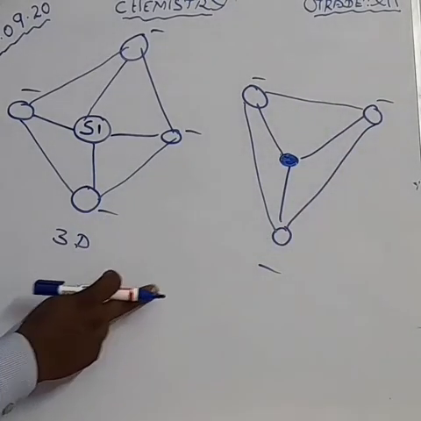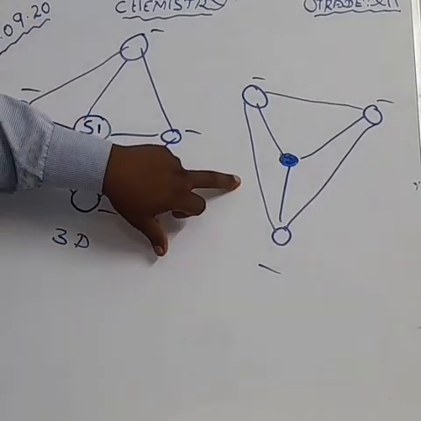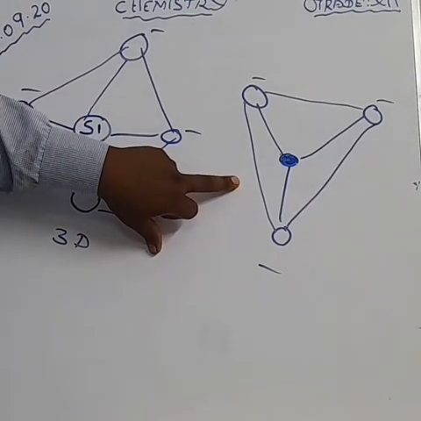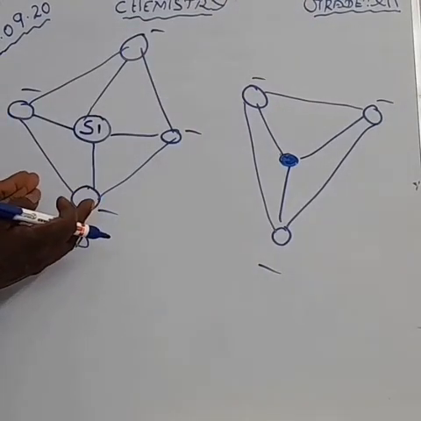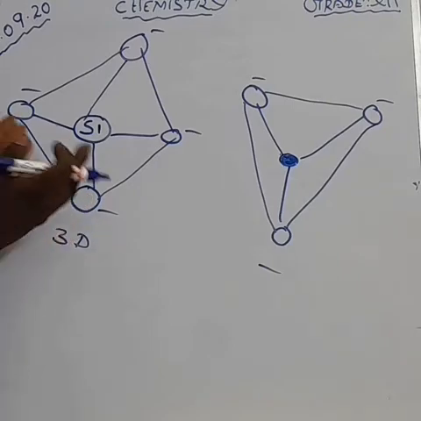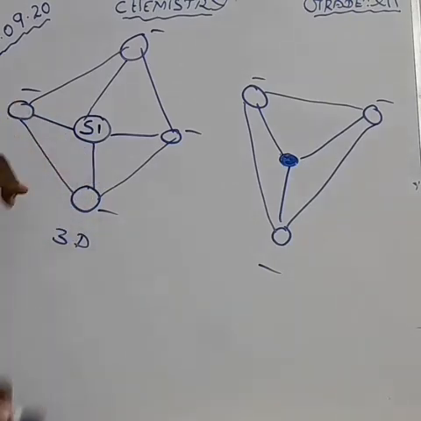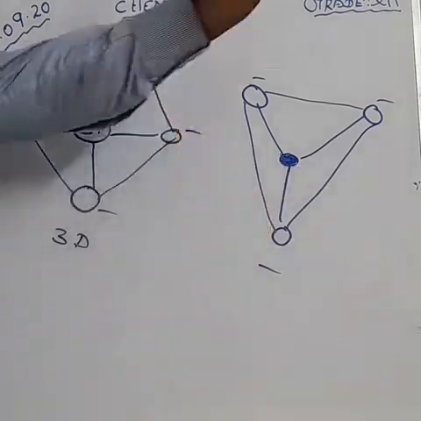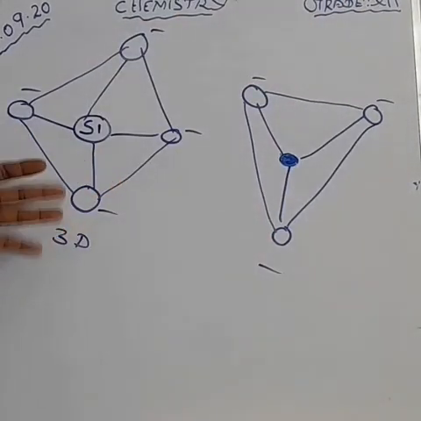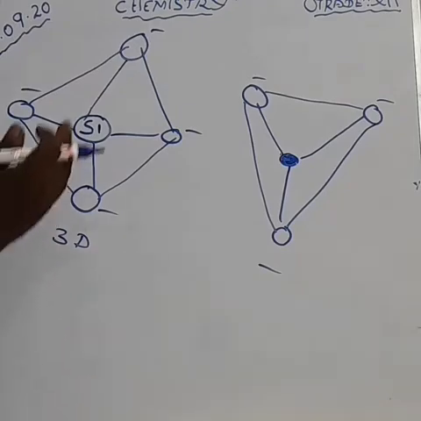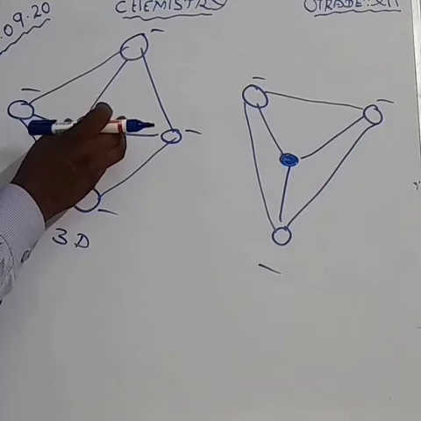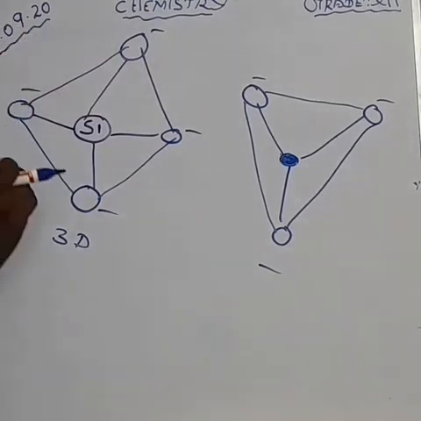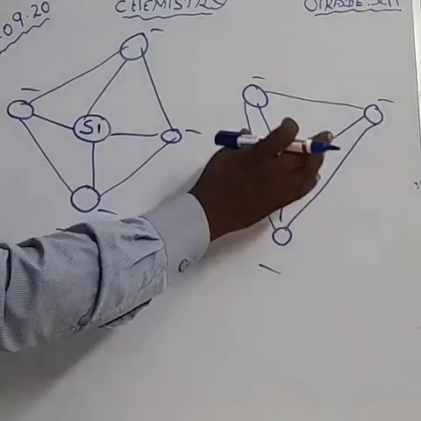Here, one of the oxygens is placed on the back side of the plate. It is not possible to draw the 3D view fully here, but somewhat we can draw it. So this is the 3D view and this is the 2D view. Here the silicon is surrounded by 4 oxygen atoms, tetrahedrally. Here also it is the same, but this is a 2D view.